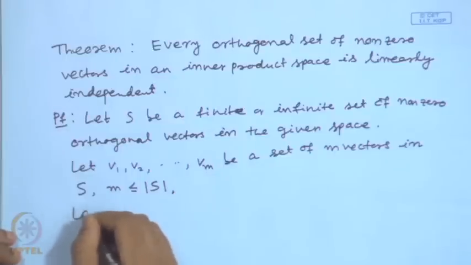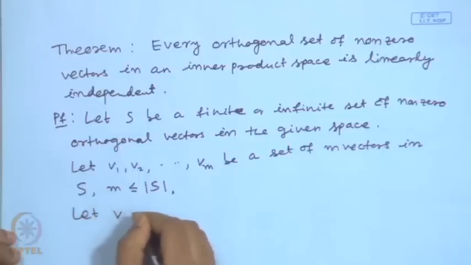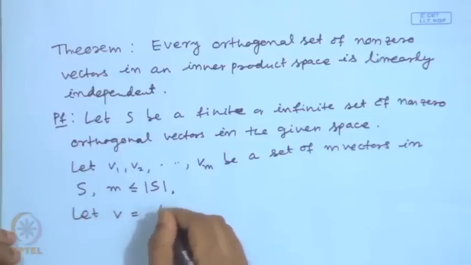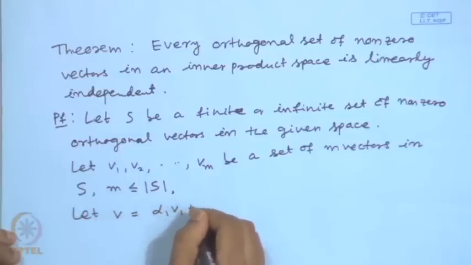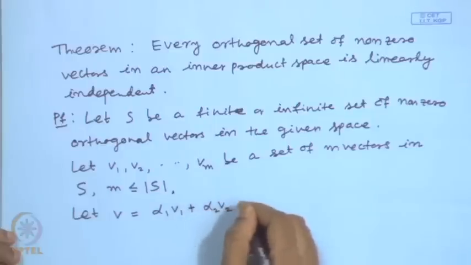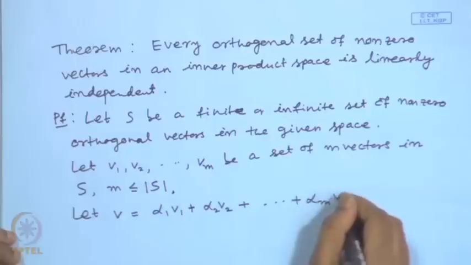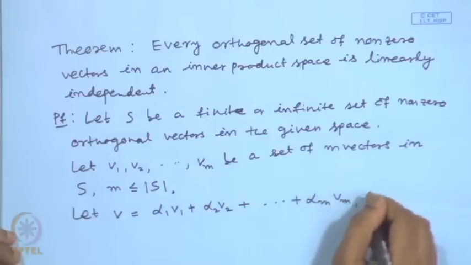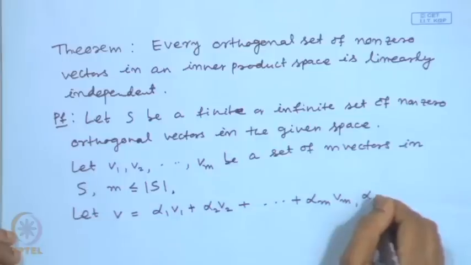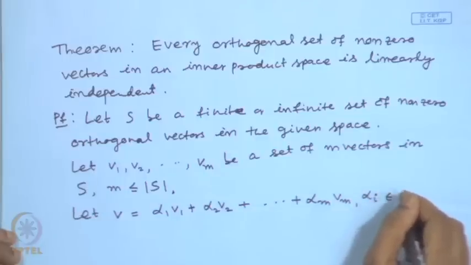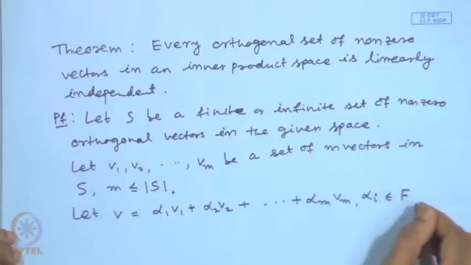So, let v be this linear combination, alpha 1 v1 plus alpha 2 v2 plus alpha m vm, where these alpha i's belong to the field, or they are scalars.